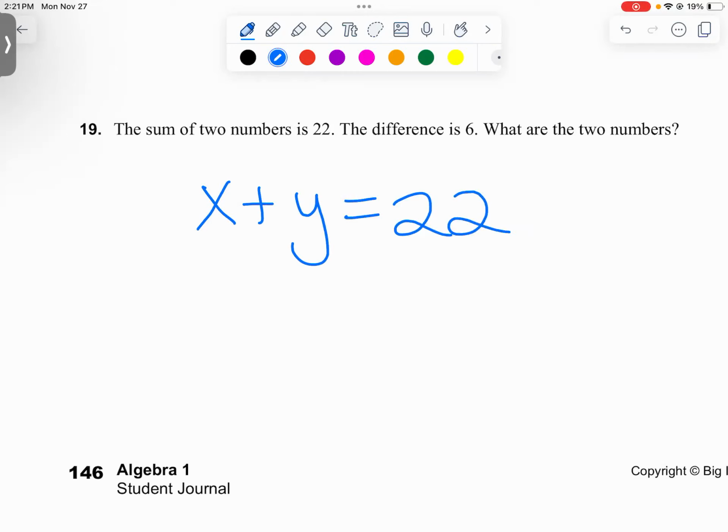The difference is 6. Allison. X minus y equals 6. The difference, subtract them, is 6. X minus y equals 6.